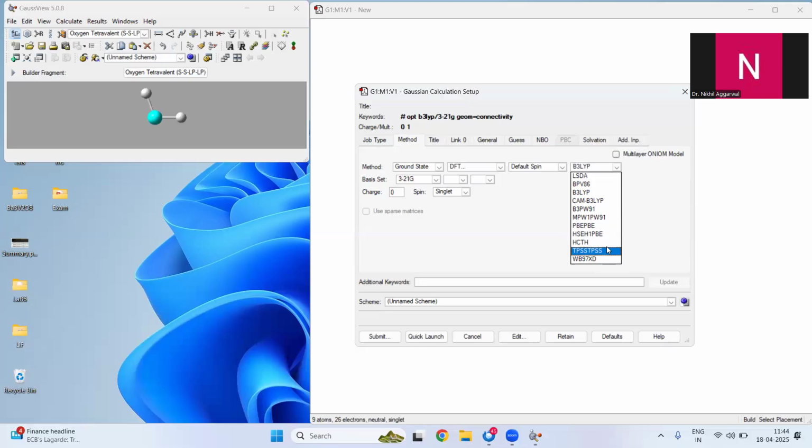Exactly, they are very different from each other. Sigma is along the internuclear axis. Kriti says to repeat. Kriti, you have got the sigma orbital, pi orbital. Their shapes are the same or different? They are different. So to explain the shape of these molecular orbitals, we have got something called a functional.